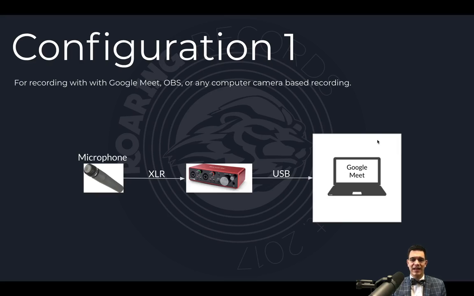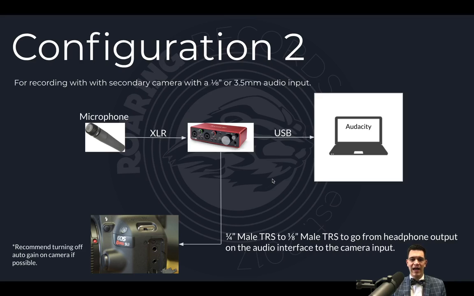As far as setting up a microphone into an audio interface into your computer, this is the way you would do it: microphone, XLR cable into your audio interface, USB. If you had some kind of other camera, you could go out of the headphone jack with a male-to-male cable and go straight into the microphone input on your nice camera.